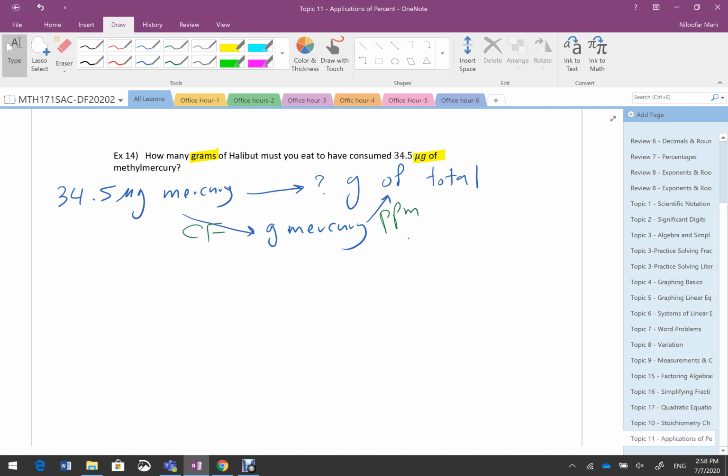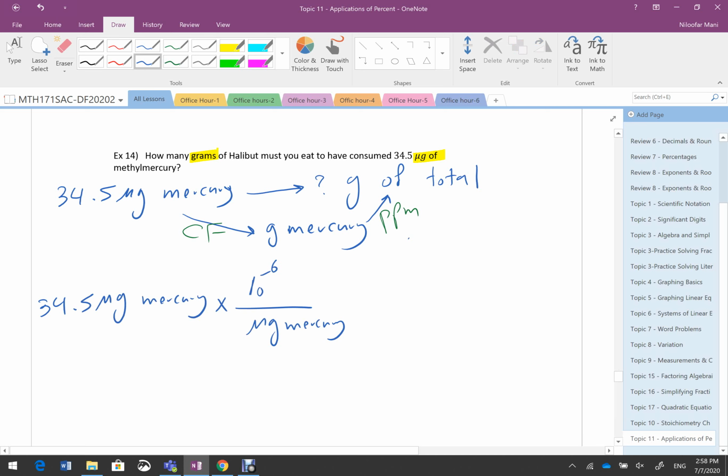34.5 micrograms of mercury. Mercury is the part, remember, part. Micrograms of mercury I want to cancel, and that is 10 to the power minus 6 grams of mercury.